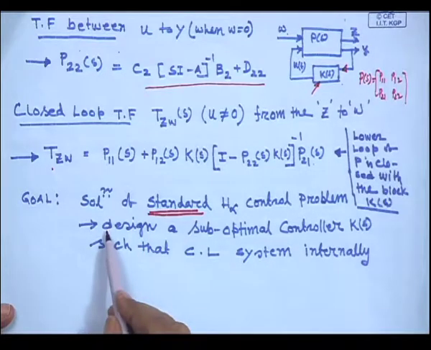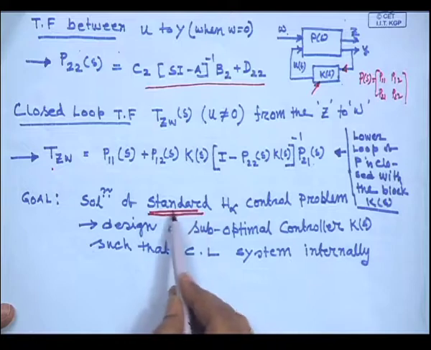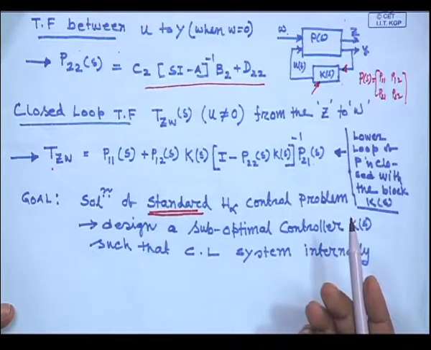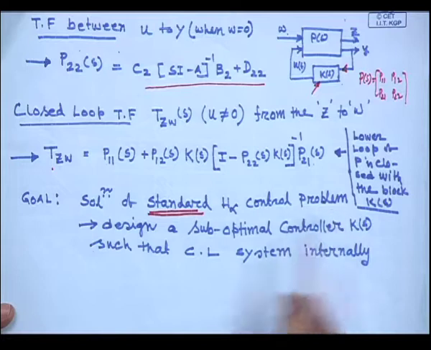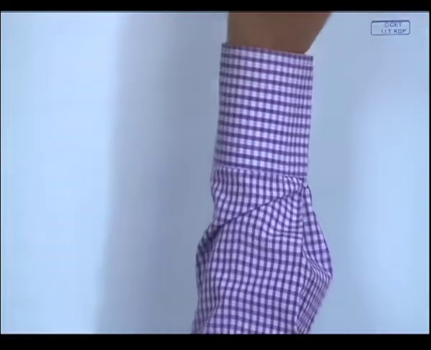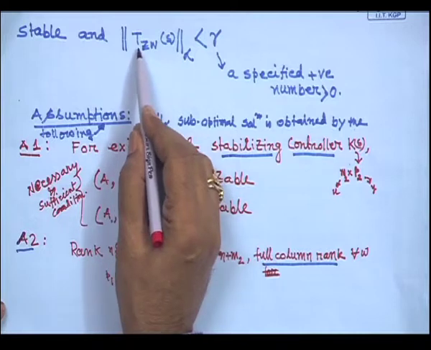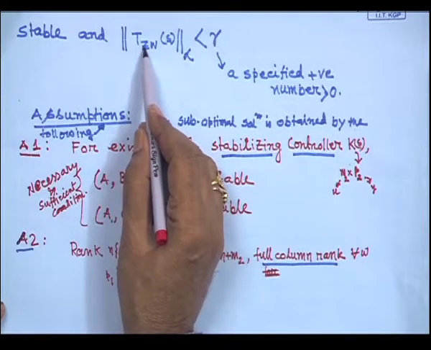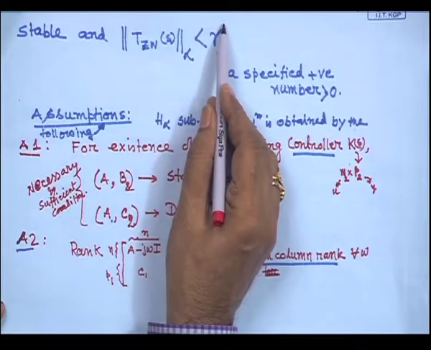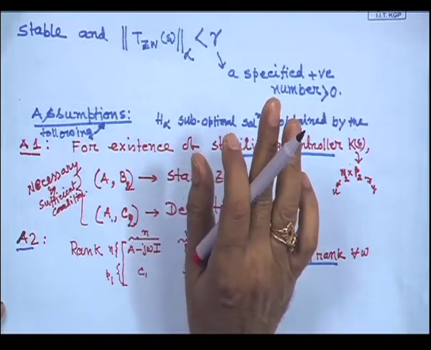So our goal is to design a suboptimal controller K(s) such that the closed loop system is internally stable, and not only stable, our motivation is to design K such that the H infinity norm of the transfer function between W to Z will be less than some gamma. So there are two folds in our motivation.